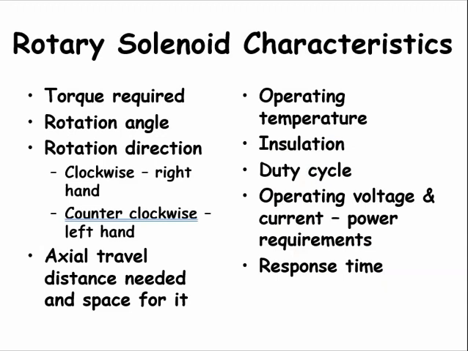With the linear solenoid, one of the characteristics was the force required. With rotary solenoid, it is torque. With rotary solenoid, the rotation angle required and the direction need to be specified. The rest of the characteristics are similar to those discussed with the linear solenoid.